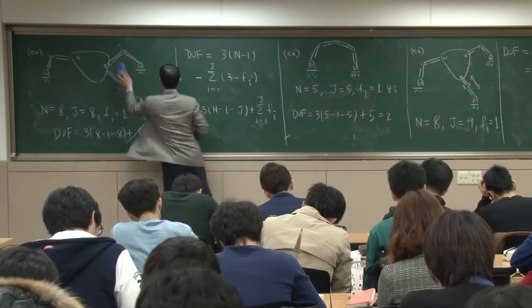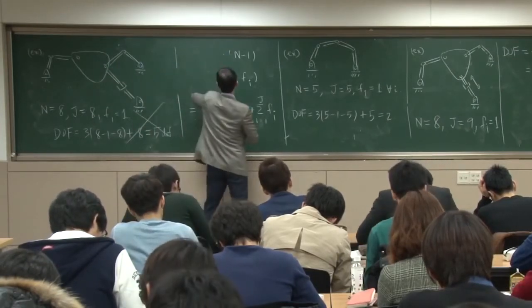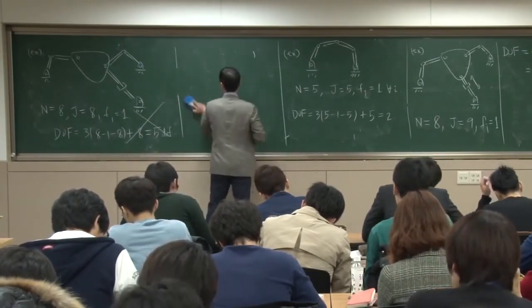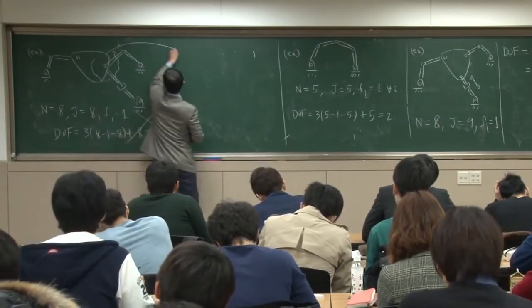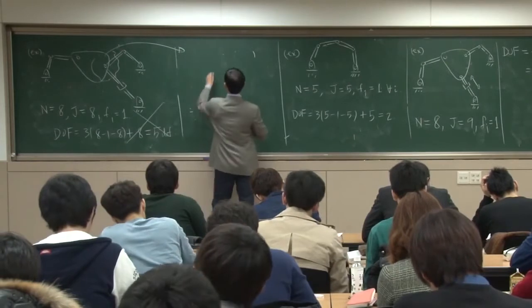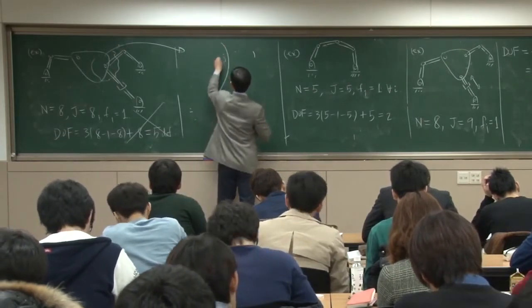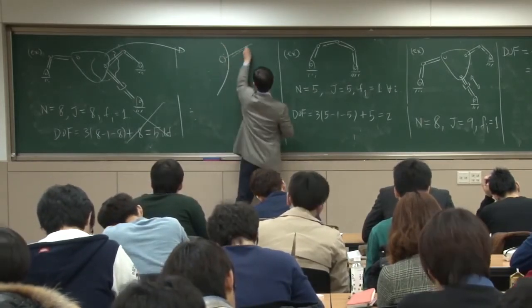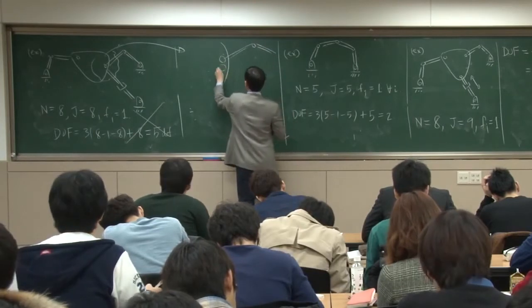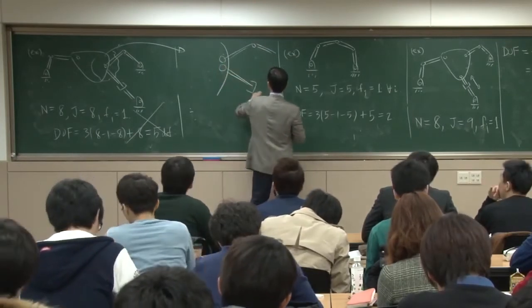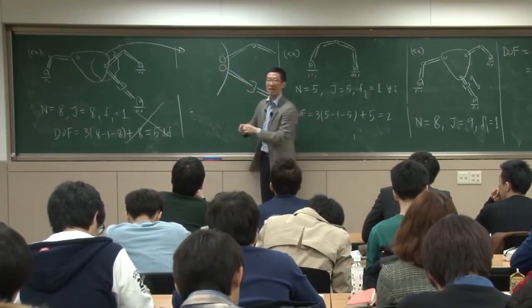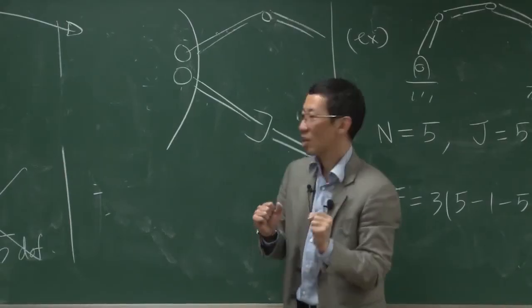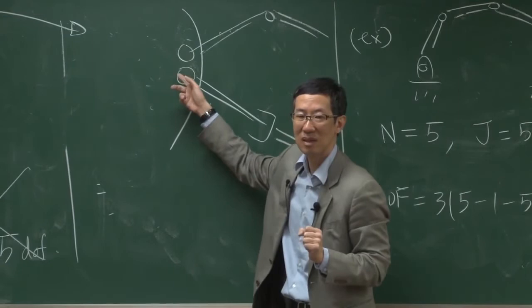So what's going on here actually, the right way to think about it: if we blow up this part, we have a joint that way, and we also have another joint here, like that. These 2 joints happen to be overlapping, but you should think of these as 2 different joints.